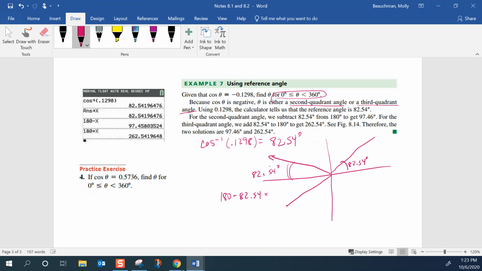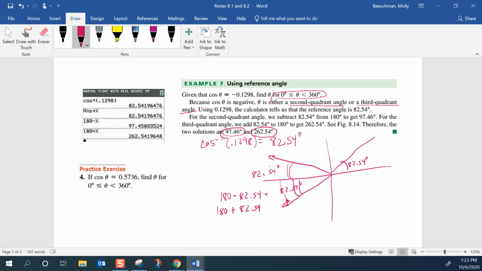If we want the third quadrant, this reference angle of 82.54 degrees, we're going to take 180 plus 82.54. And we end up with two different answers. The two solutions are 97.46 degrees and 262.54 degrees.